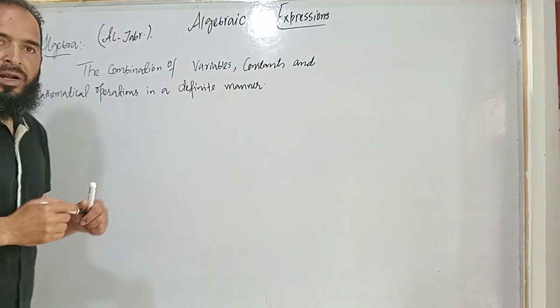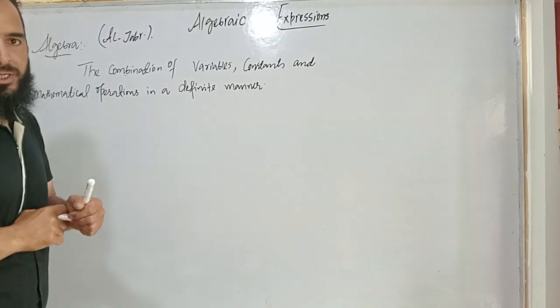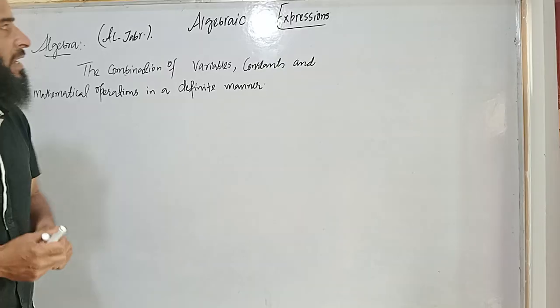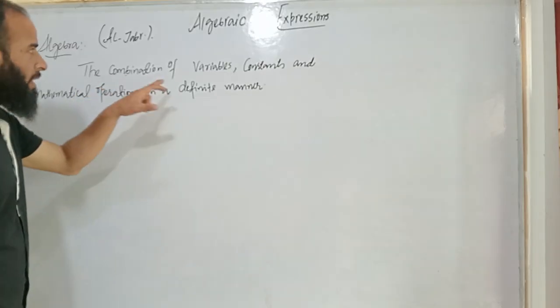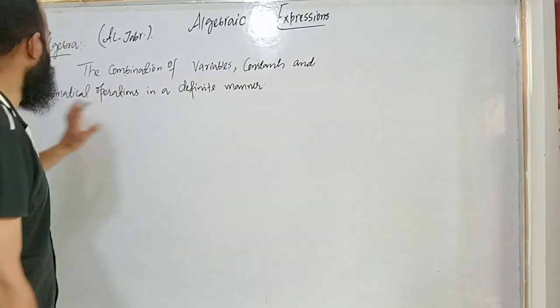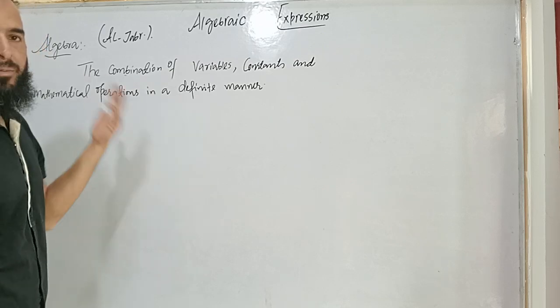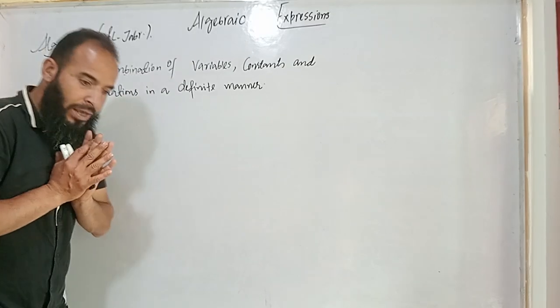This is the real definition of an algebraic expression, or simply we can call it a mathematical expression. The combination of variables, constants, and mathematical operations in a definite manner. That means we combine.